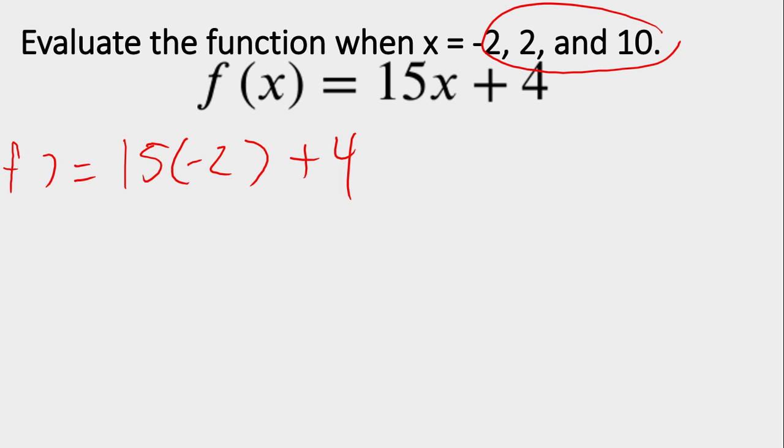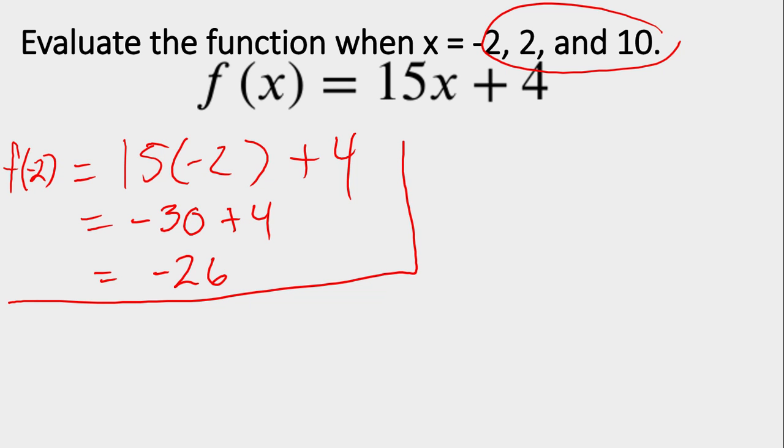Well, we're putting in negative 2. So f of negative 2 equals negative 30 plus 4, which equals negative 26. It's just substitution, ladies and gentlemen. Nothing really that mind-blowing.